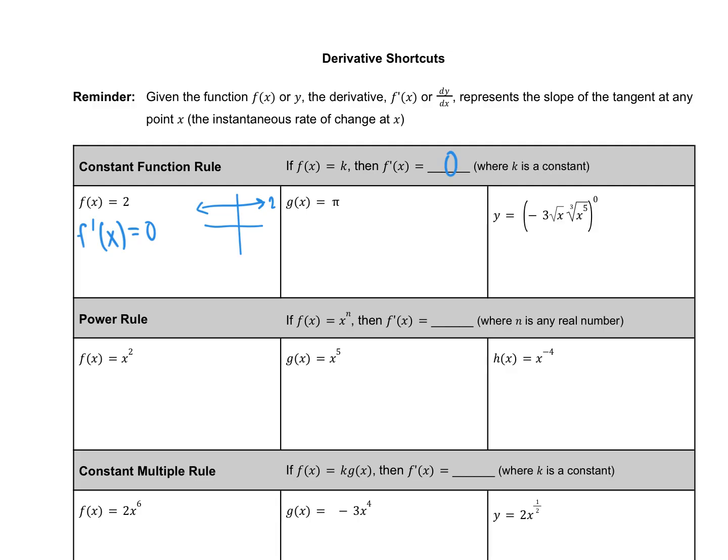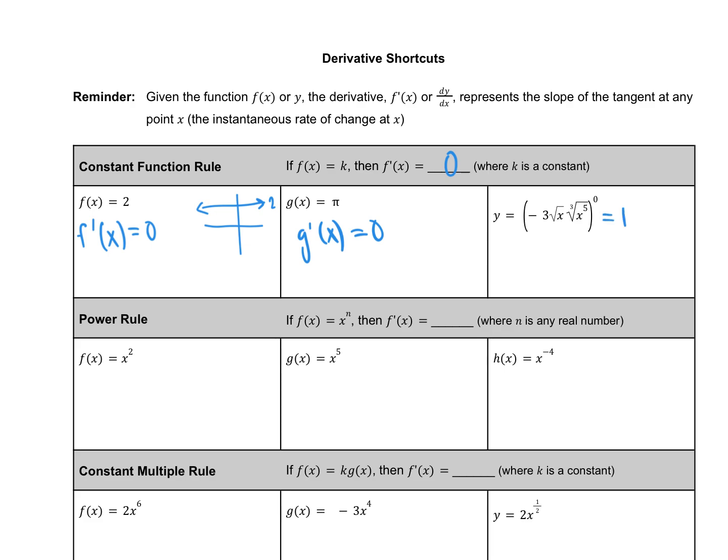If my function is pi, that is just a number, it's not a variable. So the derivative of g of x is 0. If I have this function y equals -3 square root of x times the cube root of x to the 5, all to the power of 0, if we remember our exponent rules, anything to the power of 0 is actually equal to 1.